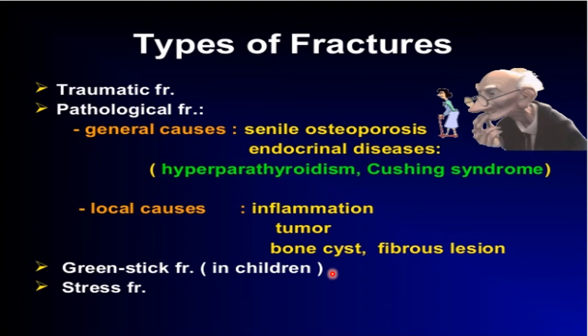The bones in children are more malleable and less brittle than in adults, so these bones are likely to have a bent fracture. These fractures where the bone is only bent and not broken up into two pieces are called green stick fractures.